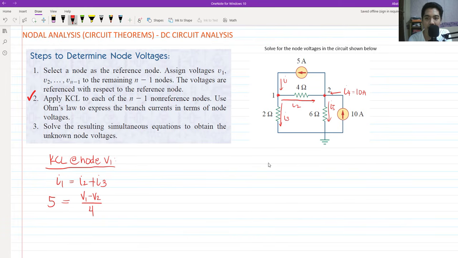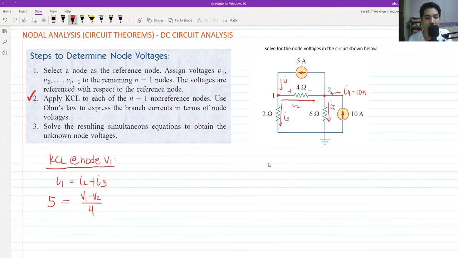V sub 2 is negative because if we track the sign of our current, it flows from the higher potential to the lower potential, so we have V1 minus V2 all over whatever resistor value the current goes through.